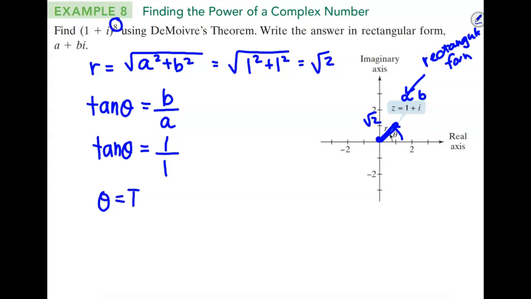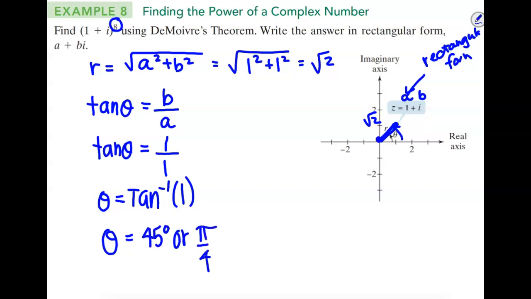Theta equals the tangent inverse of 1. We're going to keep this angle in radian measure, so you can use your calculator if you want, but our angle theta is 45 degrees, or in radian measure, pi over 4. This angle falls in quadrant 1.